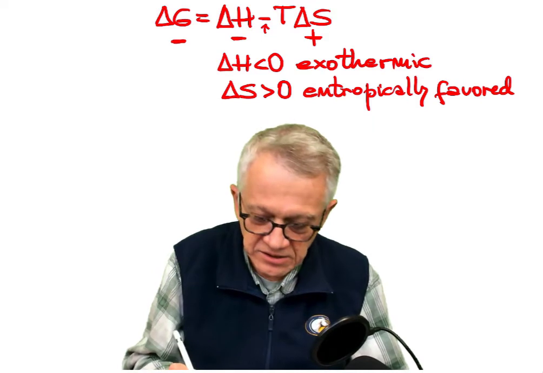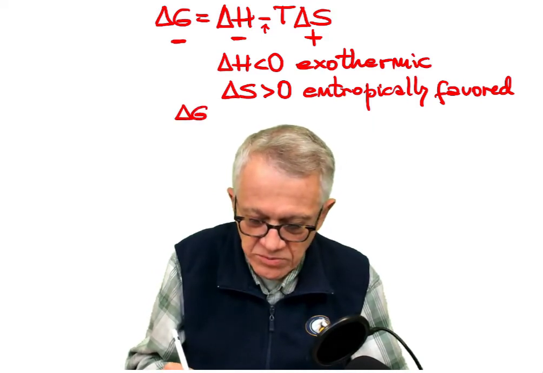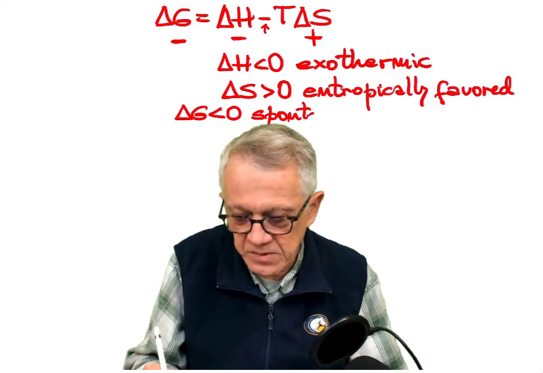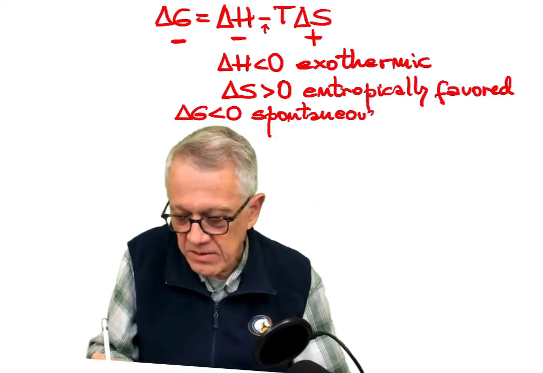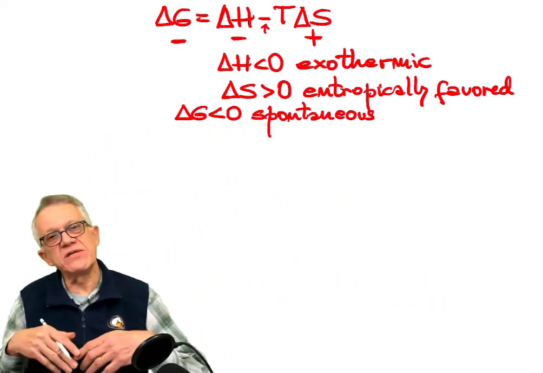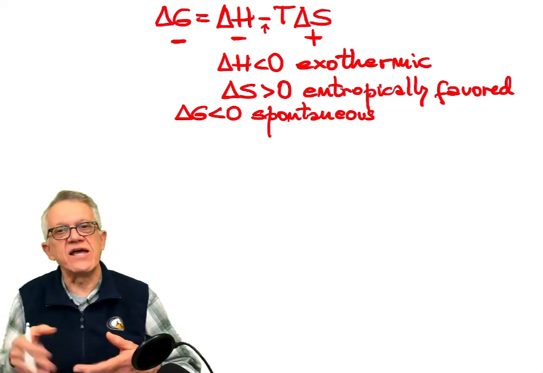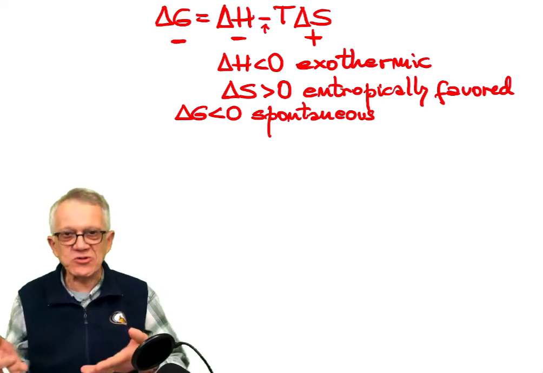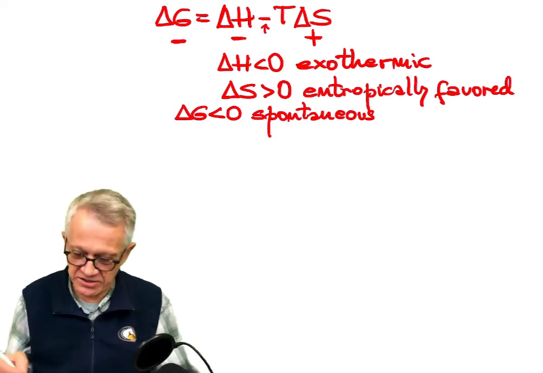Make sense? So delta G is going to be smaller than 0. It's going to be a spontaneous process. A process that generates heat and increases entropy, everything is favorable. So it's going to be a spontaneous process.